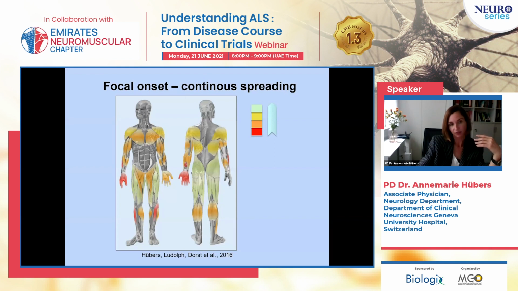Distally, the extensors are more severely affected than the flexors, whereas when you look at the proximal muscles, so at the limb girdles, the flexors are usually more affected than the extensors.